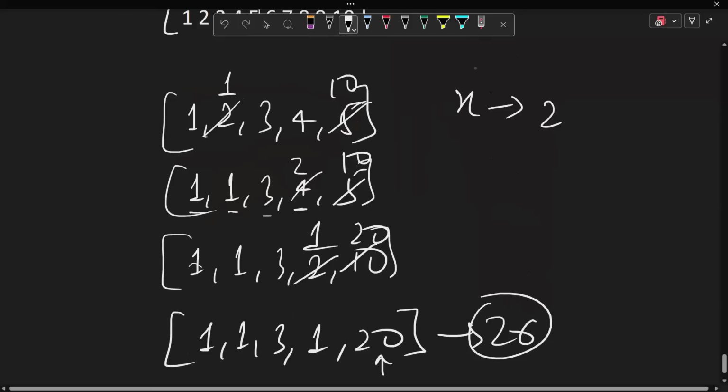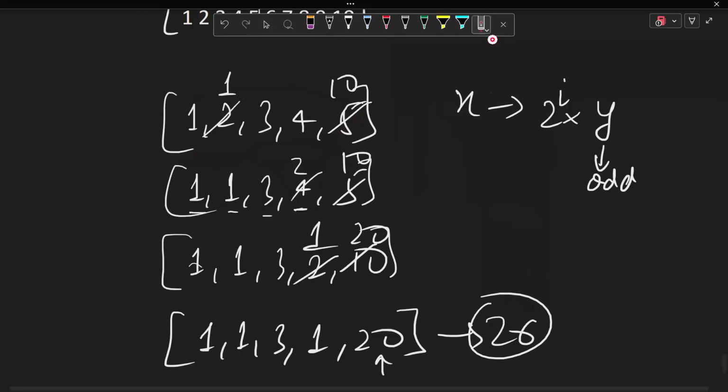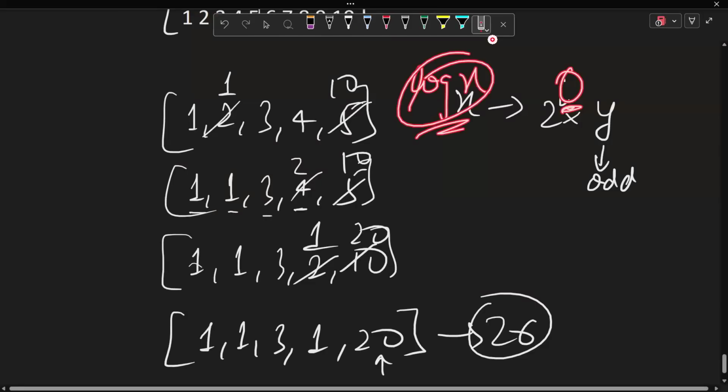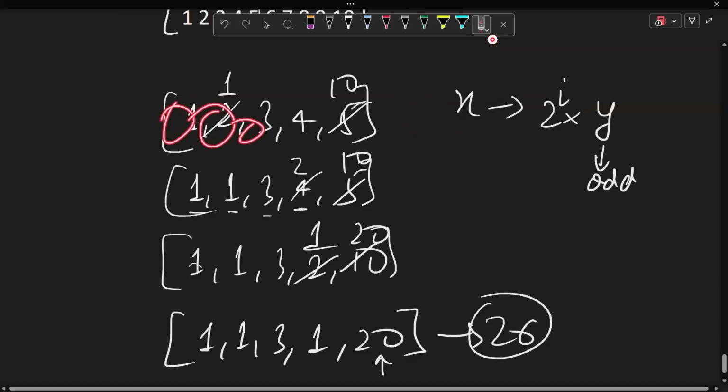So if x is 2 to the power i into y, where y is an odd number that doesn't have 2 as a factor, then if it has i factors of 2, these are the number of times you can divide x. This i would go at max log of x times. That won't be too much, so you can directly calculate it for every index.